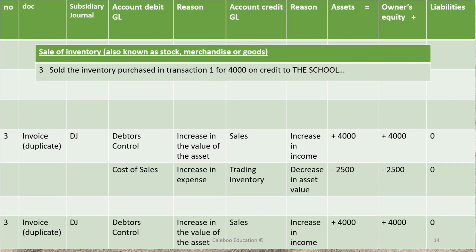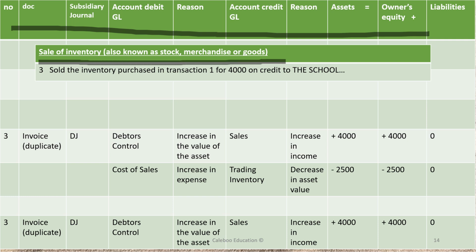And if the examiner asks you in this format, you're given the table and they say record the sale of inventory. The selling price is 4,000.